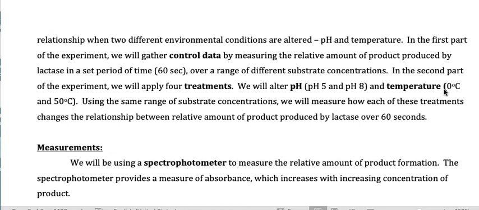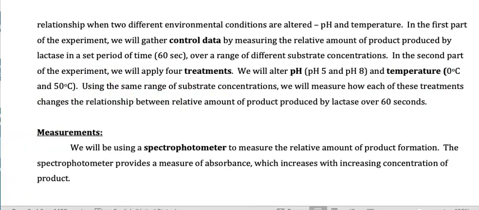We'll then be able to compare the control reaction at a pH 7.3 and 22 centigrade or room temp, and when we alter the pH or we alter the temperature. And what we'll do is we will look at a data set together and we will make some graphs from that data set so that we can see exactly what happens to our enzyme's function when we alter these environmental parameters.